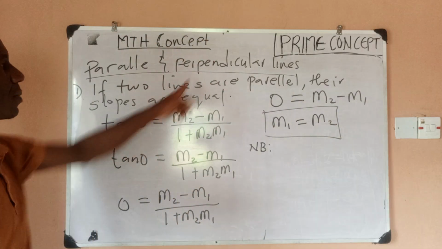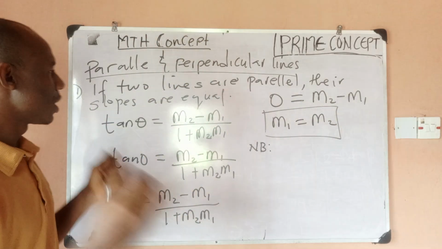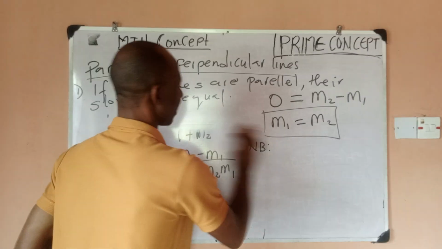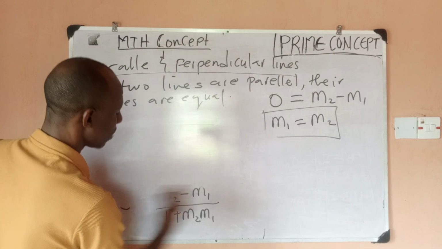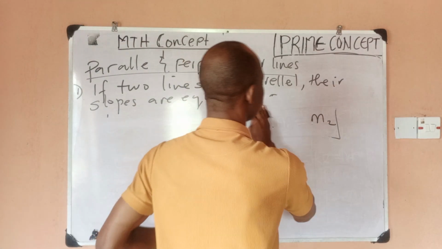Now, the second point is for perpendicular lines. If two lines are perpendicular, what do we know about them?